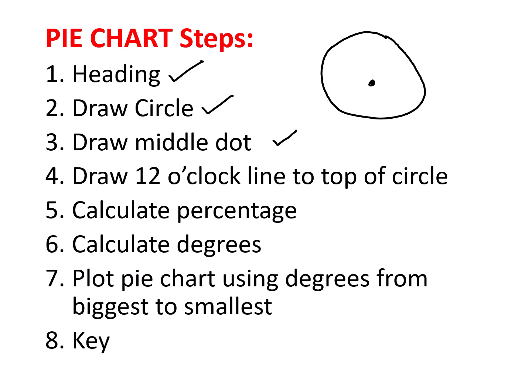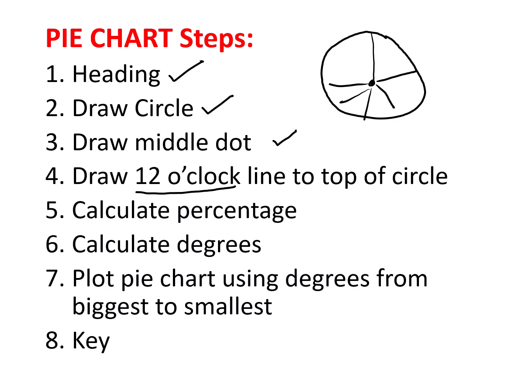Then, once you have your dot, you can start. First thing you want to do is take from the 12 o'clock, like you're reading a clock, from the 12, go down to the middle dot. That is where your chunk is going to start. That's where the first slice of your pie is going to start. We always start at the 12 o'clock, and we always go from the biggest chunk of the pie to the smallest chunk of the pie.